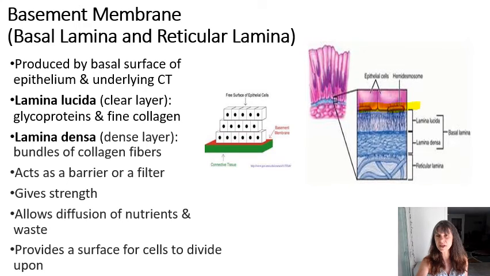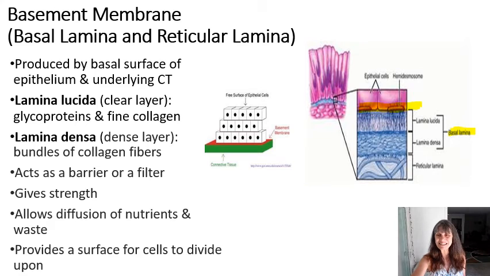and the basal lamina consists of two portions. The lamina lucida, which is the clear layer, contains glycoproteins and fine collagen fibers. Remember, collagen is the most abundant protein in the human body.